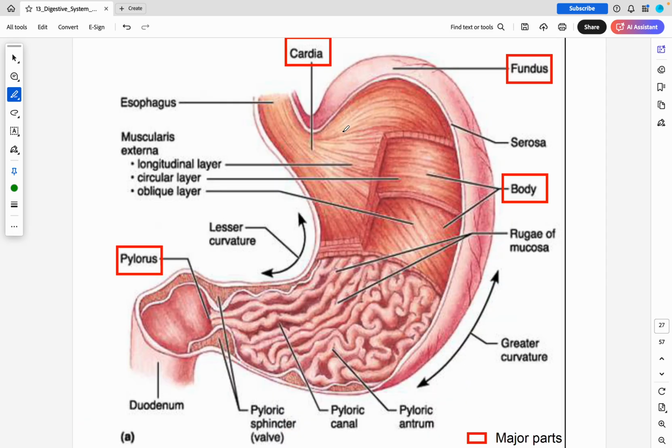We have the cardiac end, which is the anterior end of the stomach. It contains the cardiac sphincter, which regulates the passage of food into the stomach. It allows food to enter the stomach and prevents it from going back, or regurgitating, to the esophagus.